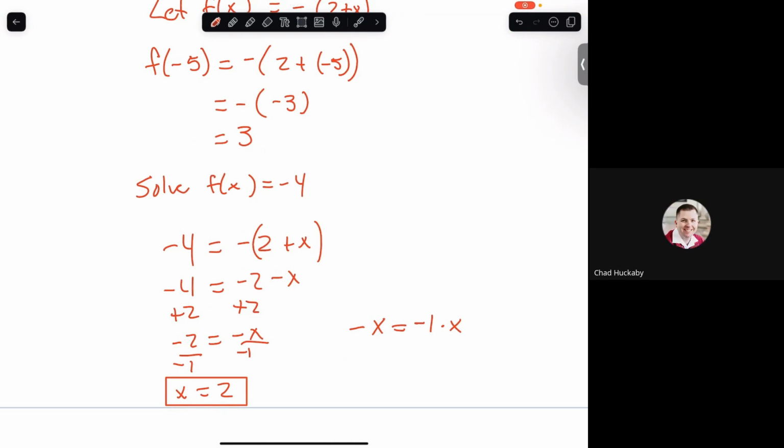Right. So if we have -2, sure, that's -2, but it's also the same as -1 times 2. It's just we don't write it that way, generally speaking. Good question. Other questions you have on homework problems?